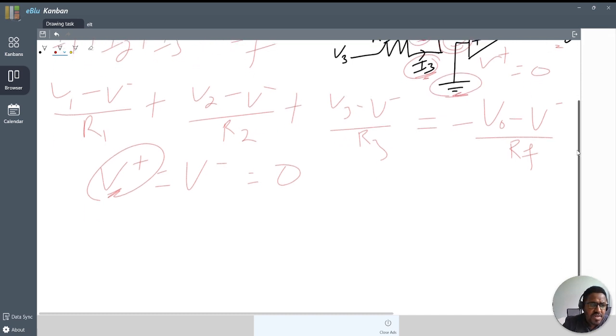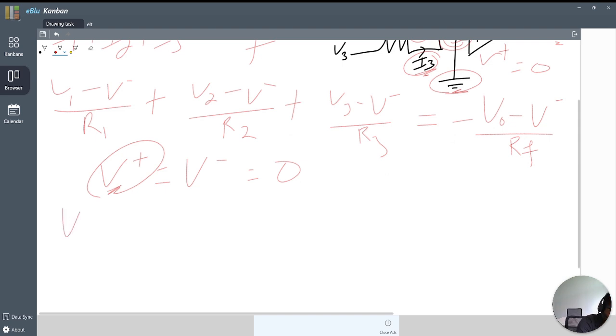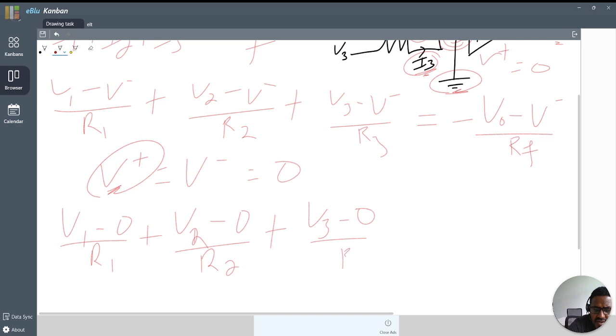So by this principle, V1 minus 0 over R1 plus V2 minus 0 over R2 plus V3 minus 0 over R3 equals minus of V out minus 0 over RF.